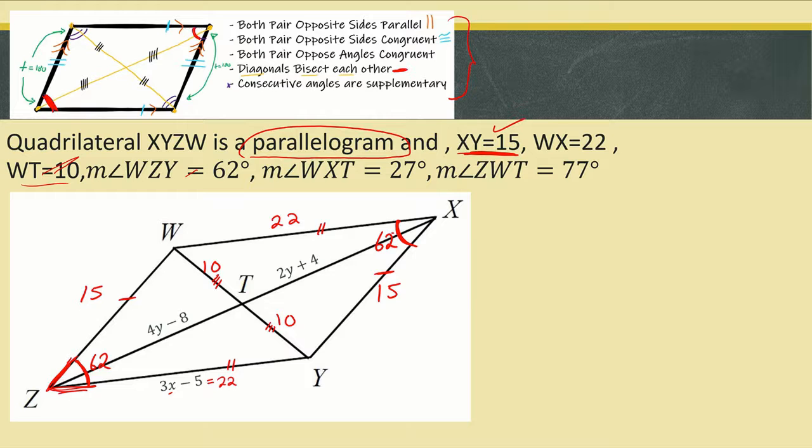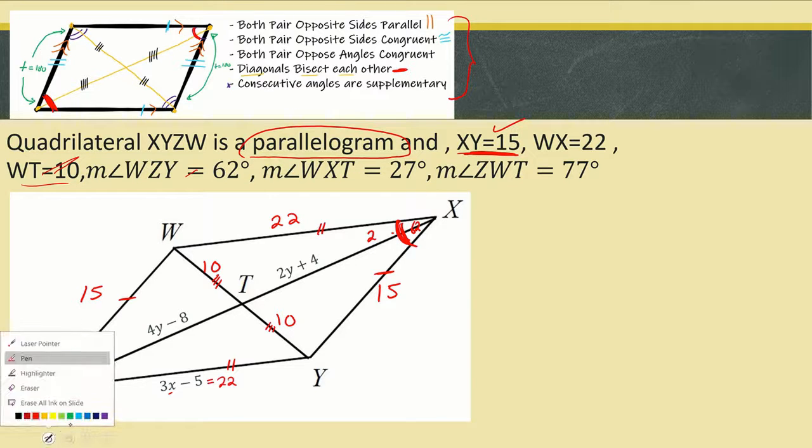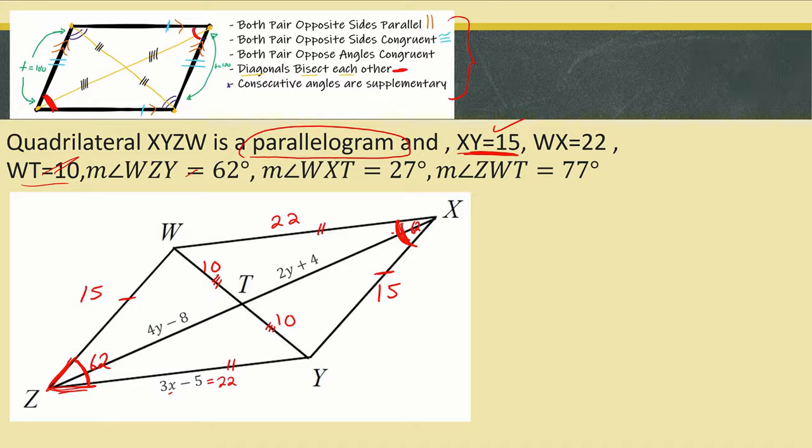And we also have angle WXT. So this little angle. So I'm going to move this. Let's do this. So both of these together is 62. WXT, so this angle in here, we'll color code this, is going to be 27.